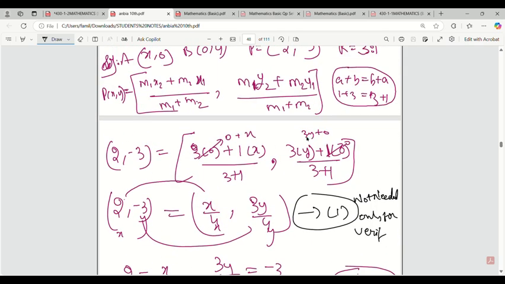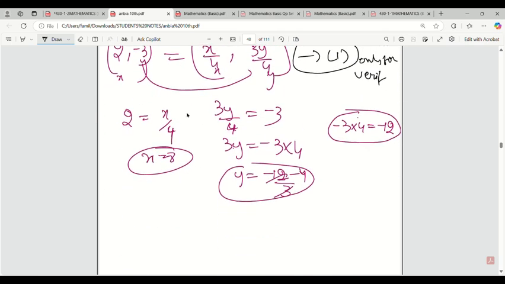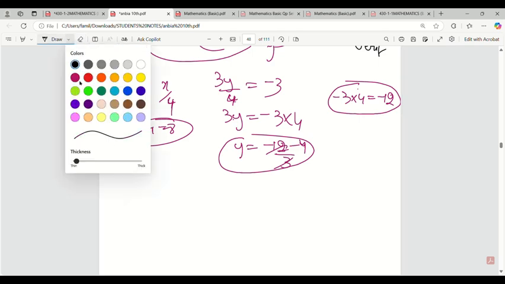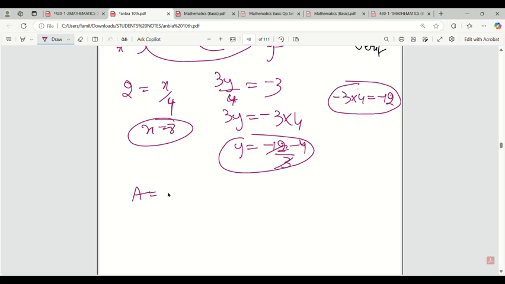So the coordinates of A, what are the coordinates of A? A is x comma 0. A is equal to x comma 0. So the value will be, x is nothing but 8, so 8 comma 0.